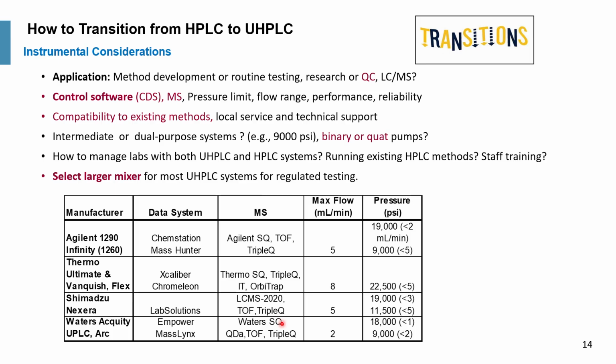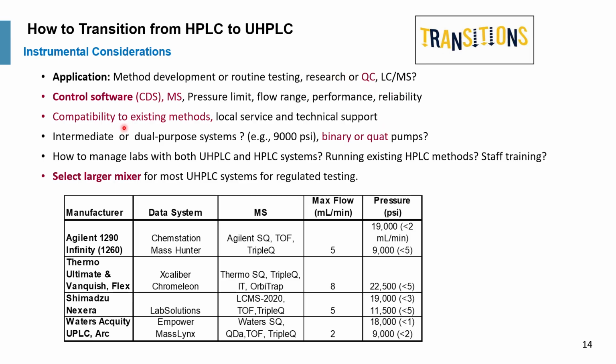This slide highlights how to transition from HPLC to UHPLC. What are some of the considerations, and which vendors should you use? First to consider is the application, whether you really want to do primarily method development or routine testing. Is it for research or QC, or is it for LC mass spec?